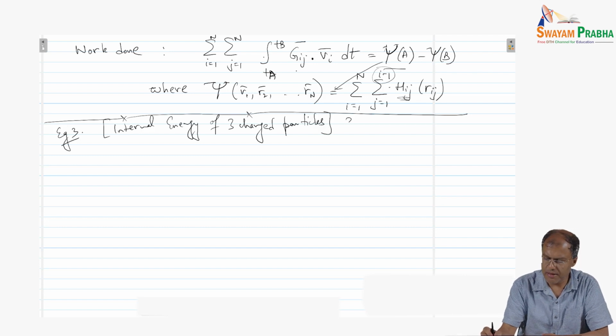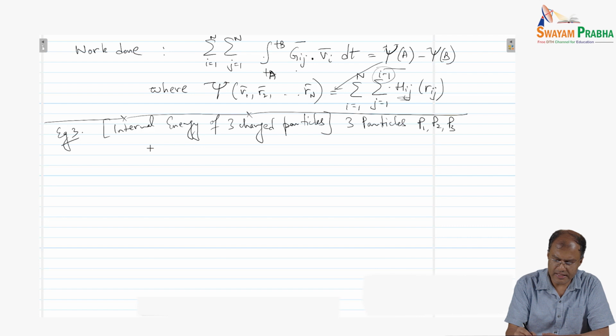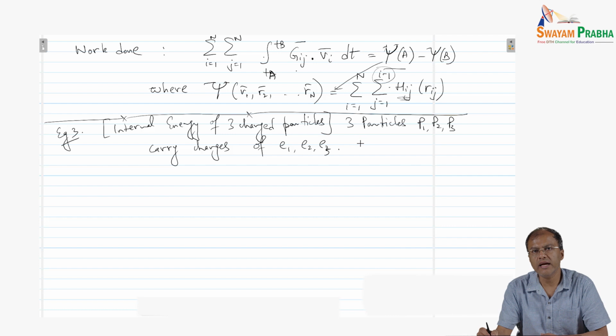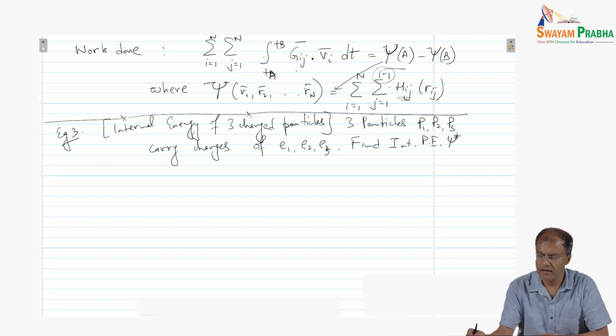So we have 3 particles P1, P2, P3. They carry charges E1, E2, E3, right? And now we have to find the internal potential energy, capital psi.